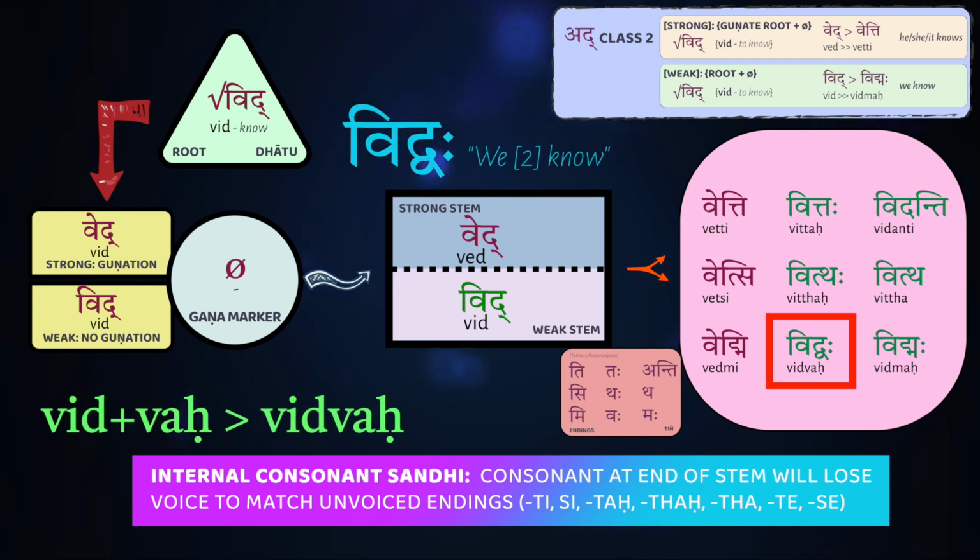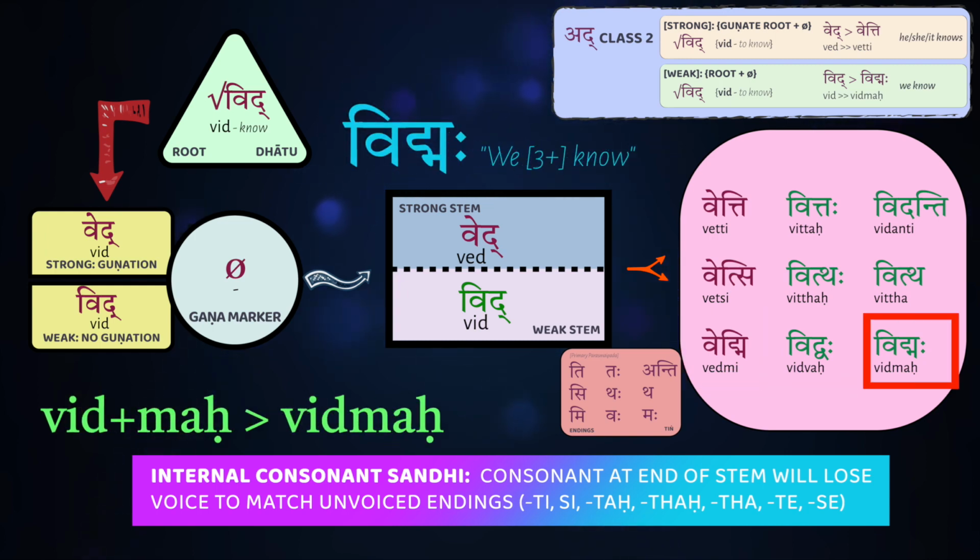Avam vidvaha, the 2 of us know. And vayam vidmaha, right, we 3 or more know. Notice here that the duals and plurals also are going to use the weak stem again, vid, not the strong stem, ved, but because of the voiced consonants va and ma, you retain the voiced dakara: vidmaha, vidvaha.